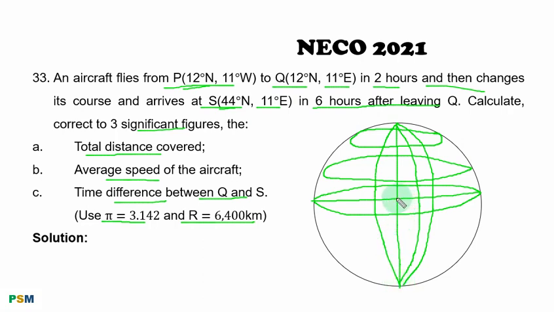From the reference point, if you move to this point, that is latitude 12 degrees north, longitude 11 degrees east, you have point Q. From the reference point to this point, you have point S, 44 degrees north, 11 degrees east. And from here, if you move to this point, you have point P.